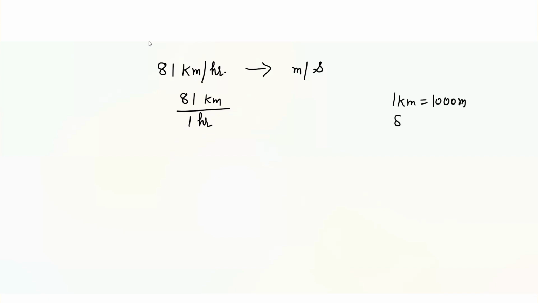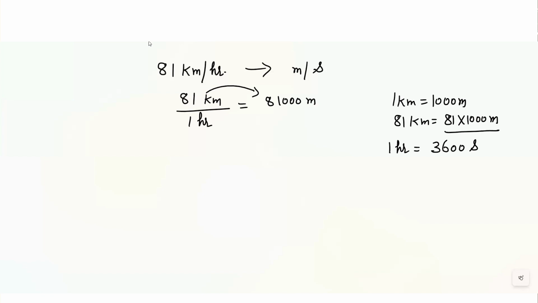That means 81 kilometer is equals to 81 into 1000 meter. And 1 hour we already know it is equals to 3600 seconds. Now we will just substitute the values. In place of this, we'll write down 81,000 meter, divided by, in place of 1 hour, we will write down 3600 seconds.